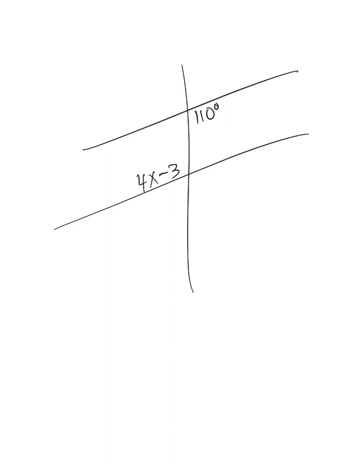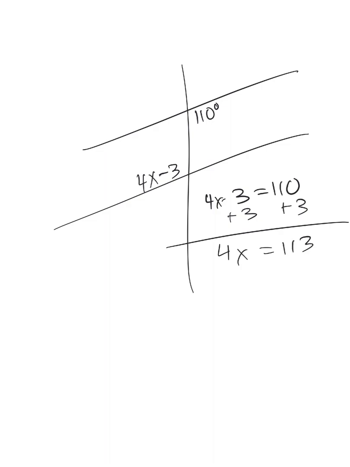Set them equal to each other. All right. So 4x minus 3 is equal to 110 degrees. So we're going to add 3. 4x equals 113 and divide by the 4. So obviously that's a crazy number. All right. So hopefully they work out a little nicer on the quiz. So when we make them up, this is kind of what happens. All right, let's move on.